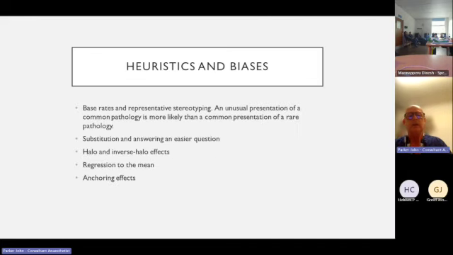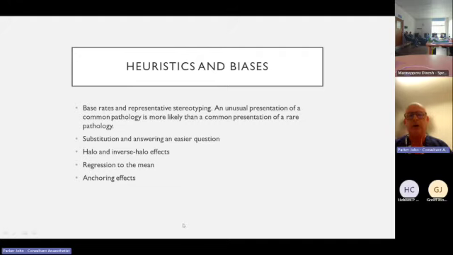Okay. Another heuristic and bias, and this is something I've seen when we do mock exams, and I think anyone that's an examiner probably sees this, is substitution.